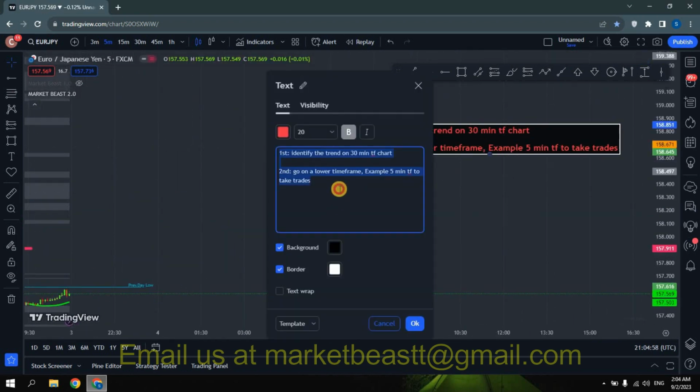What we are going to ignore. What we are going to ignore first, the consolidation zone on 5-minute time frame.